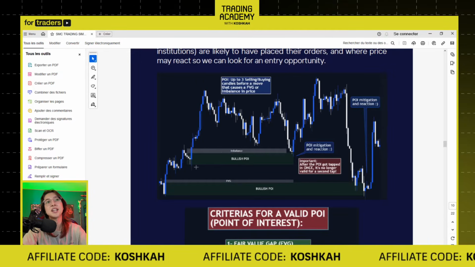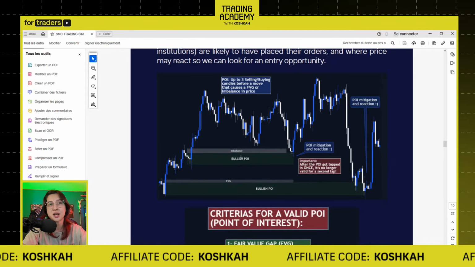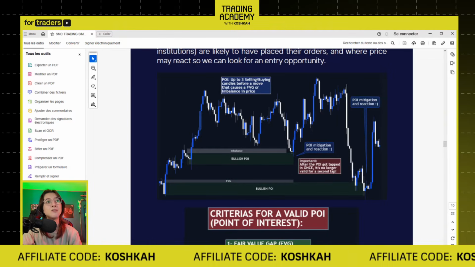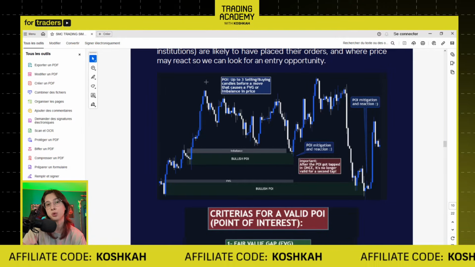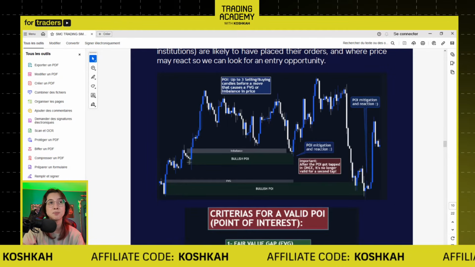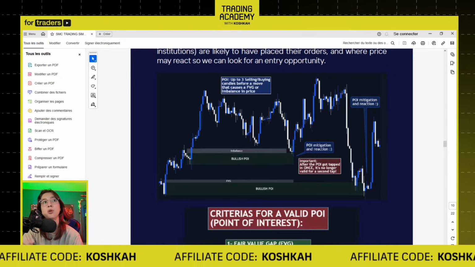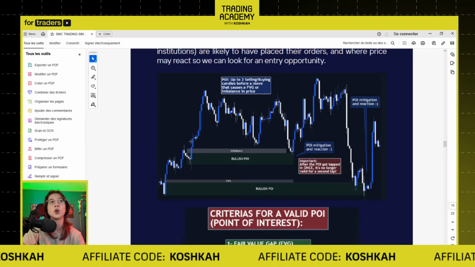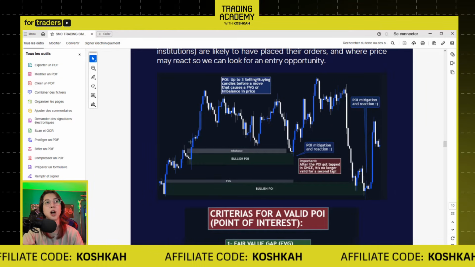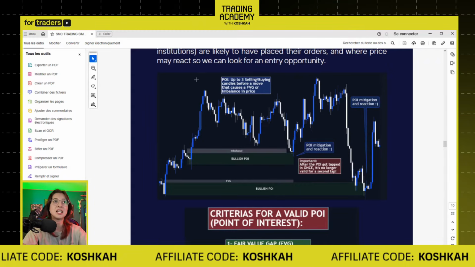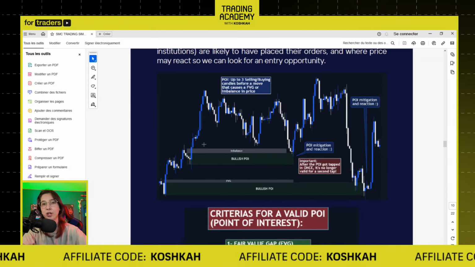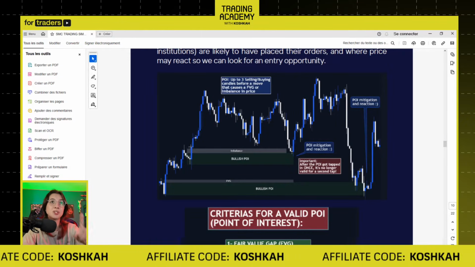What I mean is, right here, this is a bullish POI and we have 3 white candles, and the overall move is bullish, so we're looking for buys. Those bearish candles will be your POI. It cannot be your blue candle right here. It's impossible. A POI cannot be the same color as the move. In this case, as we're bullish, your POI cannot be a blue candle. It needs to be the opposite color candle.